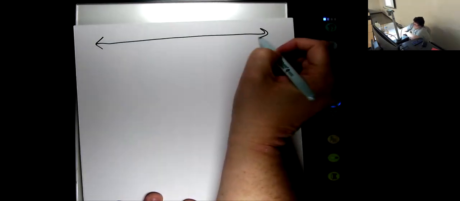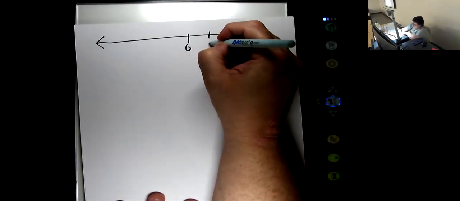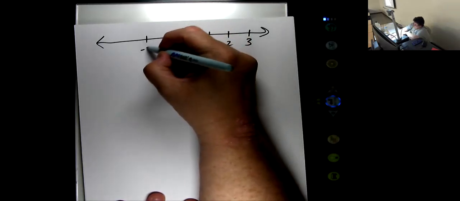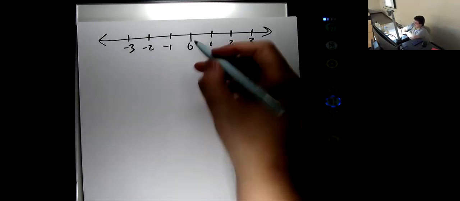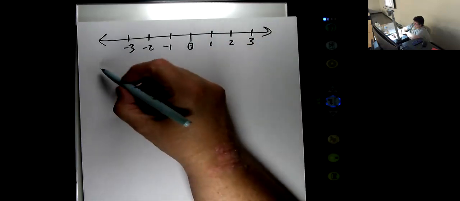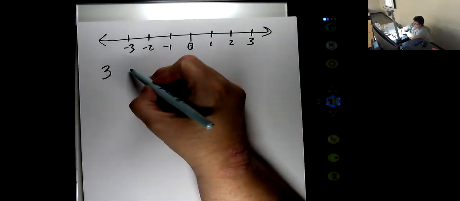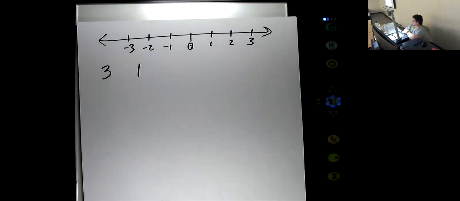So I'm going to draw a quick number line. We'll have 0, 1, 2, 3, -1, -2, -3. What symbol should I put between 3 and 1? How does 3 relate or compare to 1? Is it less than?